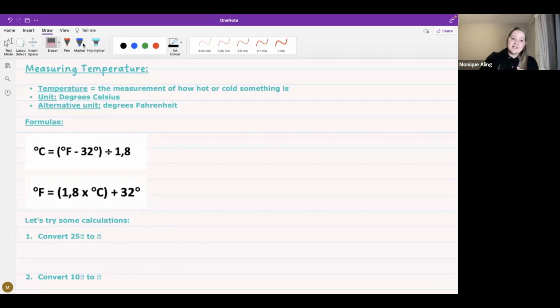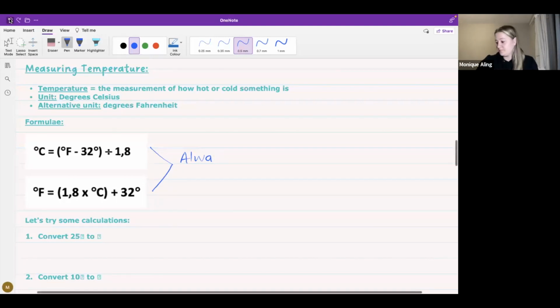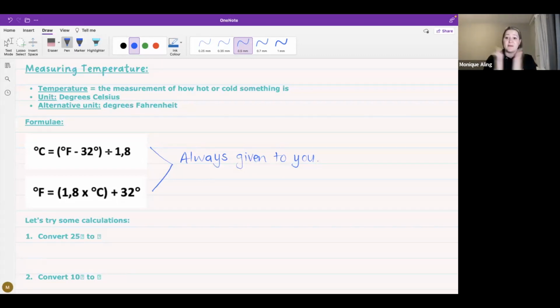The nice part is that these two formulas are always given to you, so you don't need to learn these. You just need to identify which formula you're going to use, substitute the temperature in, and work it out.